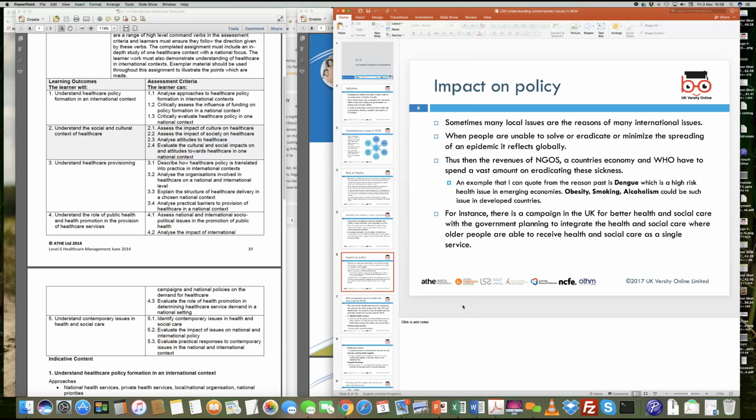So I've gone on a holiday outside, I've been affected by mosquito bites, and I've developed dengue fever, but I don't want to get treatment in my holiday destination. I decide to travel back with the same condition. When I go to the GP surgery, they say, okay, you've developed this, but if we had not created provision for this treatment, because it is not a disease generally prevalent in the UK but in emerging countries, then there would have been no way that the person could have received treatment in the UK.